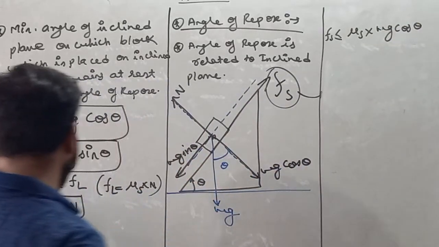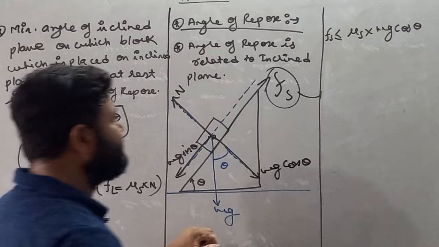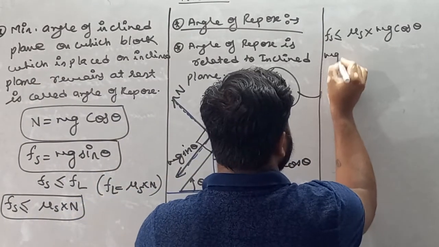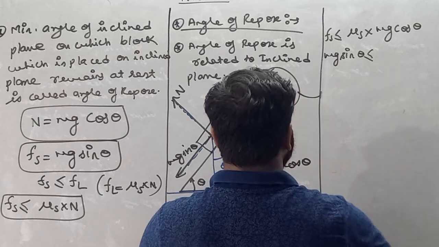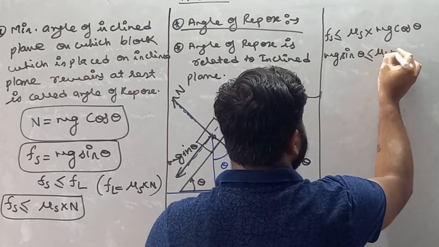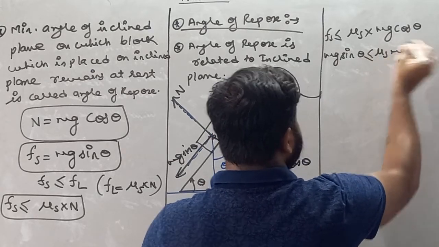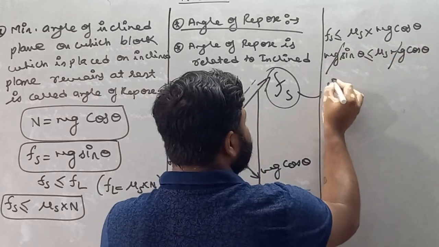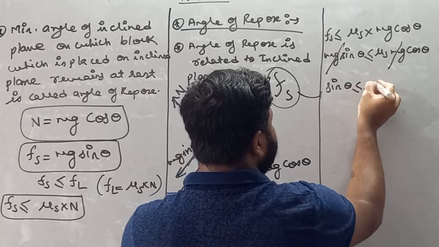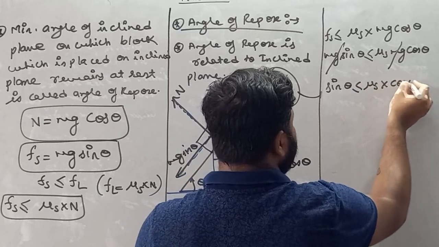Now see, the value of Fs is mg sin theta. So instead of Fs we can write mg sin theta, which is less than or equal to mu s, and along with mg we can write cos theta. mg gets cancelled, so sin theta is less than or equal to mu s into cos theta.